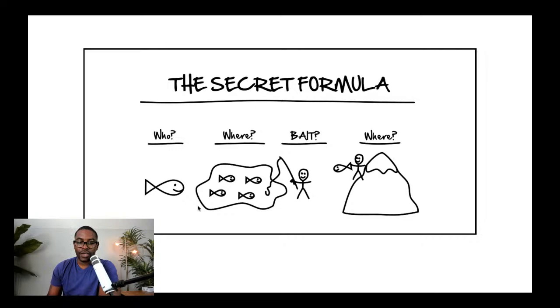And once you can figure out who your ideal client is and where they are, then the next thing you need to do is figure out what their problems are. And once you figure out what their problems are, you need to figure out what the solution is and be able to solve it with ease. And then you want to give it to them, right?